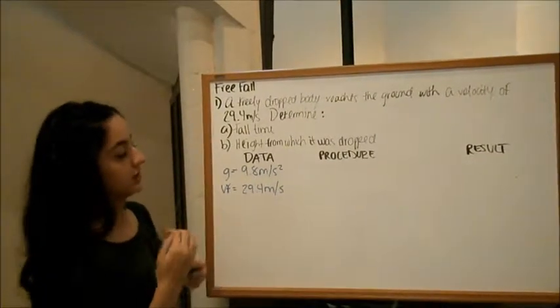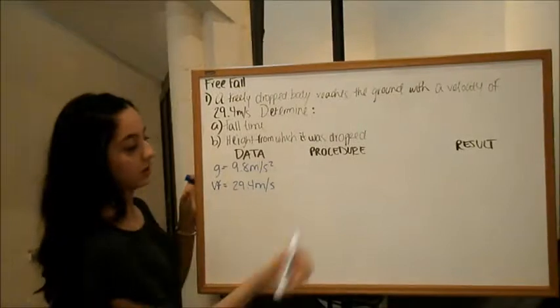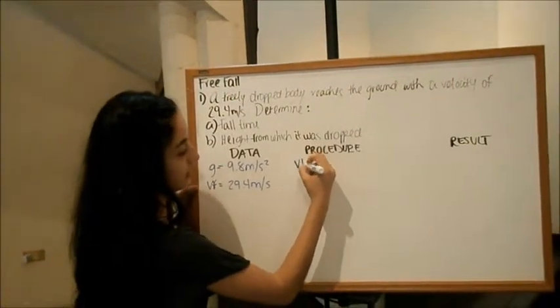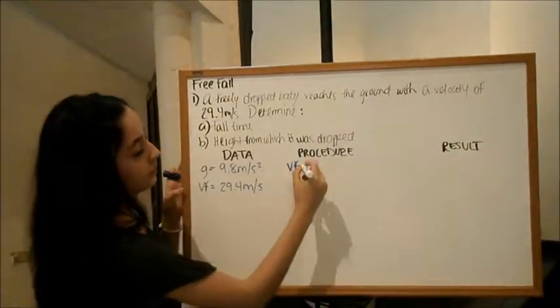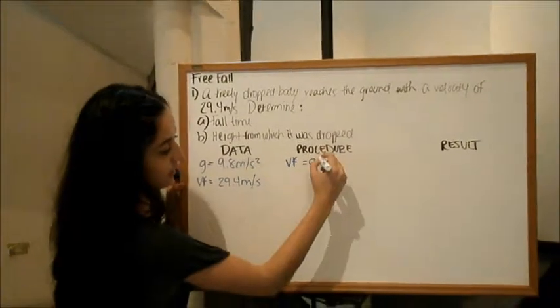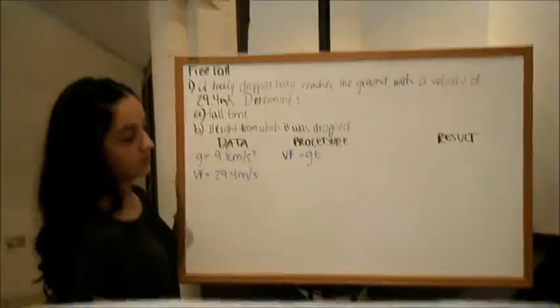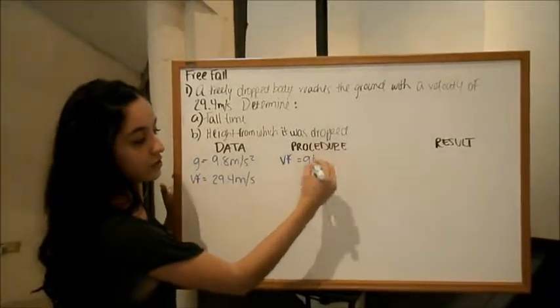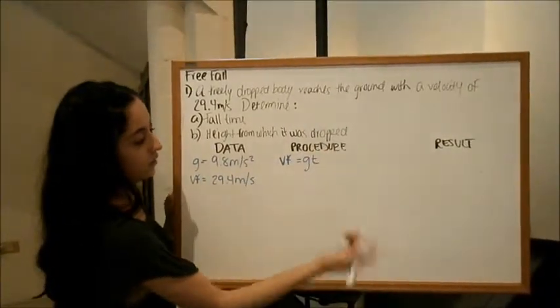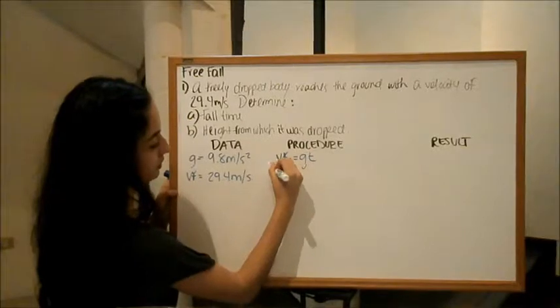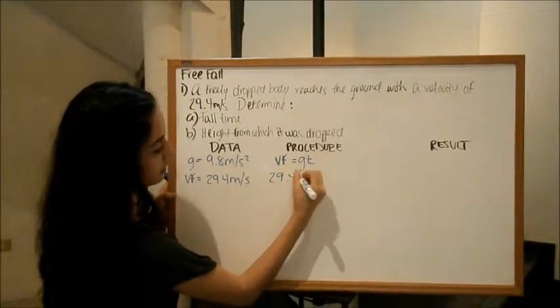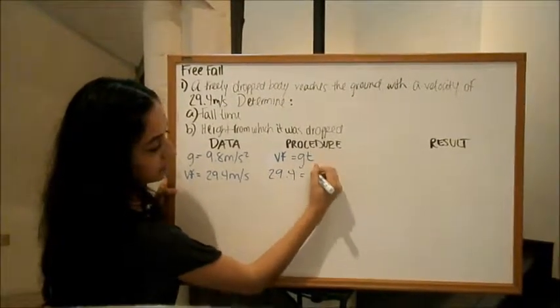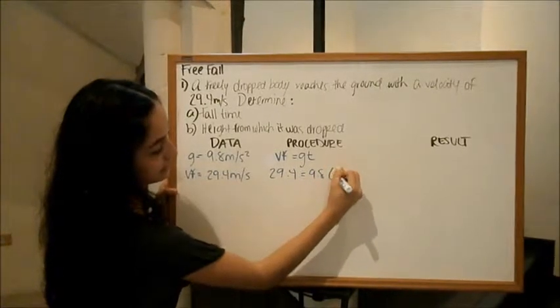So to get the fall time, we know that the formula to get final velocity in the free fall, we know that is gravity times time. So all we gotta do is put on the data in that formula and then search for the t, which is what we are looking for. So you would put 29.4 equals gravity, which is 9.8 times t.